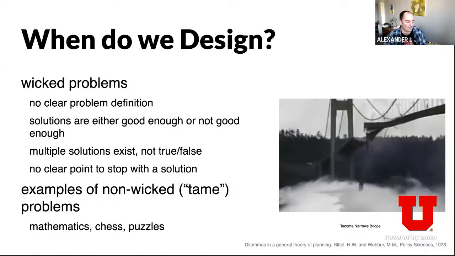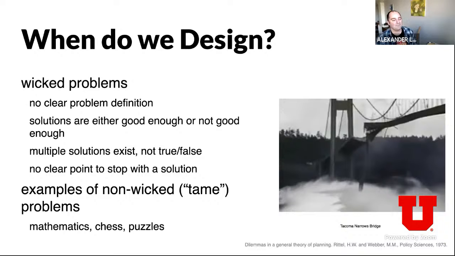And you might have heard the term wicked problems. It sounds informal, but it's actually a term that is formally used for design. So wicked problems are those where you don't have a clear problem definition and where there's many different solutions, but they are either good enough or not good enough, but there isn't a single unique solution.